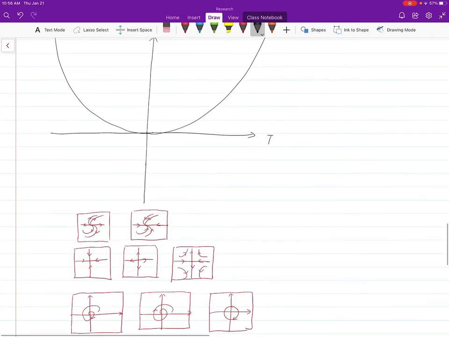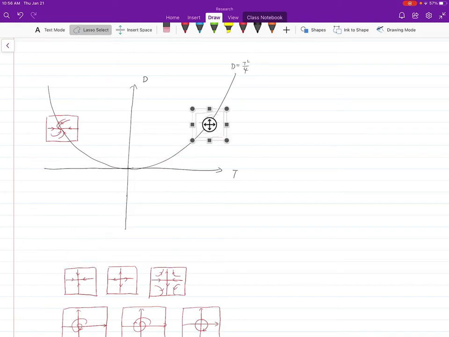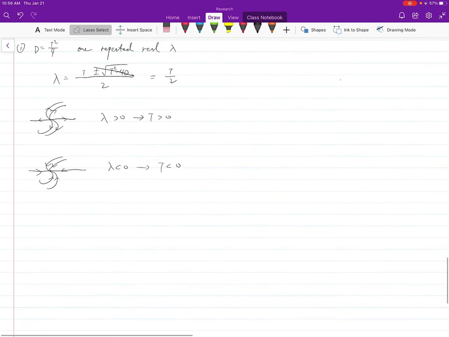These two go on the parabola, and this one requires t to be less than 0, so it should be on the left. This one requires t to be bigger than 0, so it should be on the right, on the parabola. So which one you have really depends on whether you are on the left half plane or the right half plane of the original TD plane. So these two are settled.